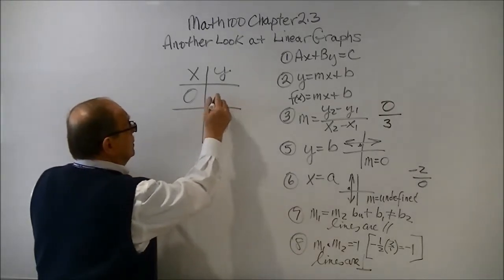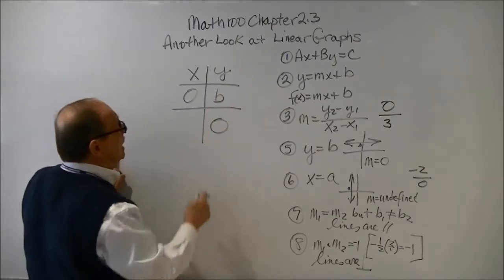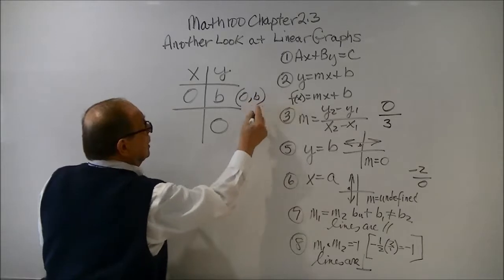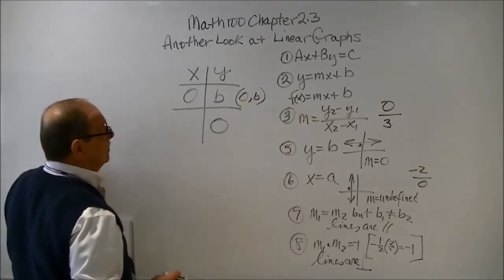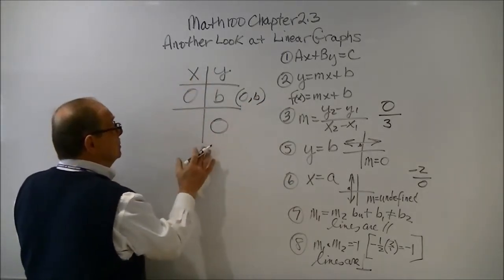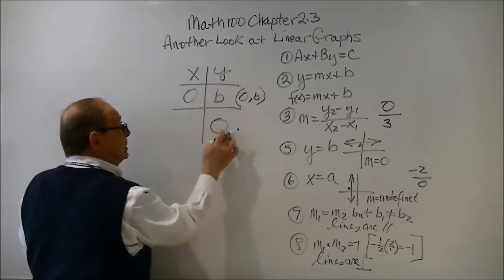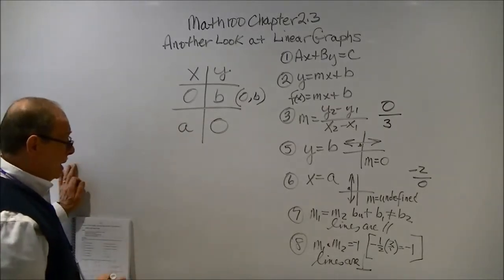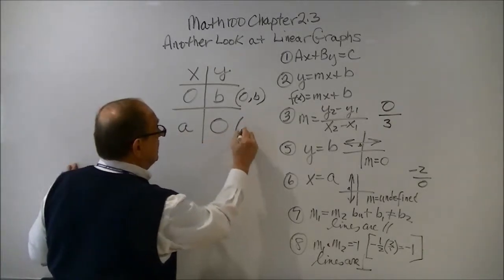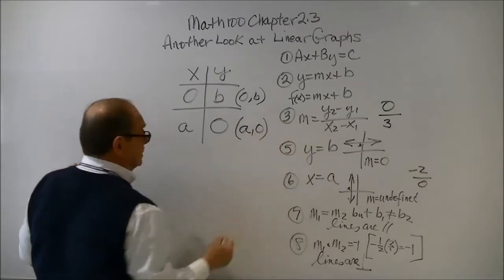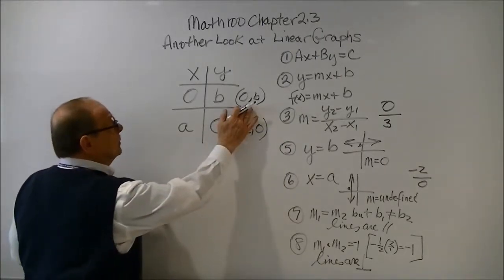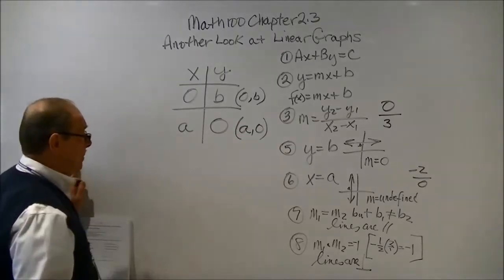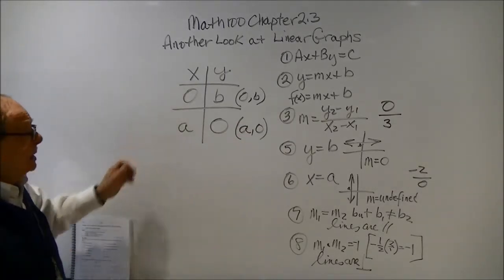You're going to get a value here, b, which happens to be the y-intercept. And if you do y is 0, you're going to get a value here, a, which happens to be the x-intercept. You might recall these are the formal ways of writing the y-intercept and the x-intercept. So we'll be reviewing that as we go on.